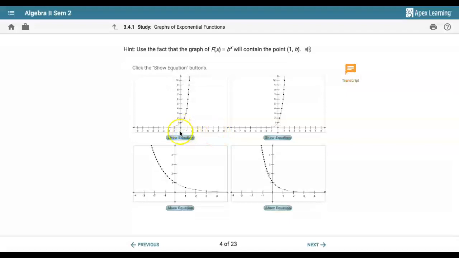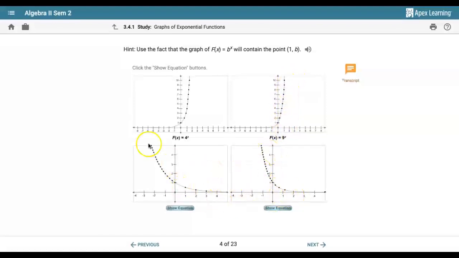This is at (0, 1), awesome, we've got that intersection. At 1, it goes up to the value of 4. So my base value is 4, and lo and behold, I have 4^x. With this one, it's a little bit harder to see, but it goes all the way up to the value of 9. And if this went up further, you would see that it's exactly on that mark. Same thing down here.